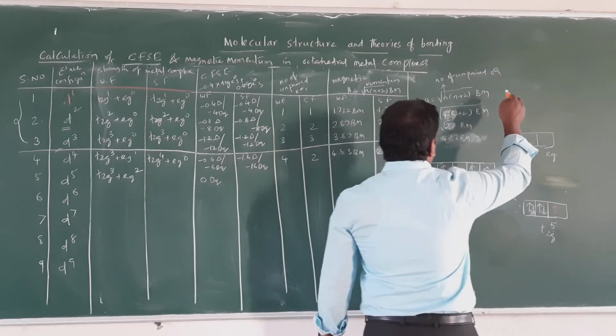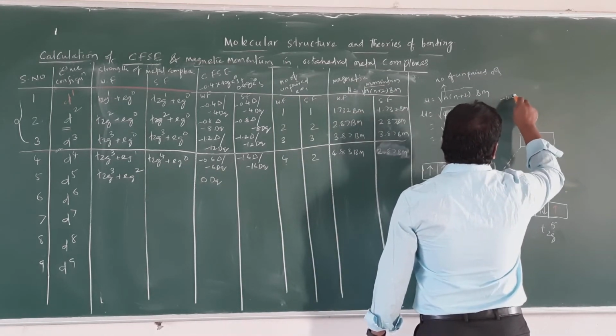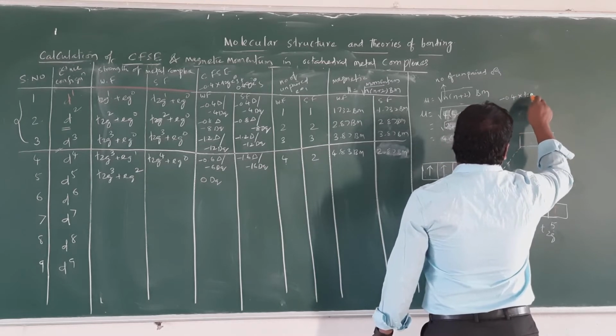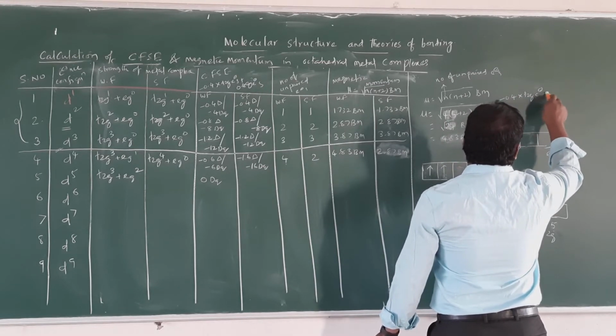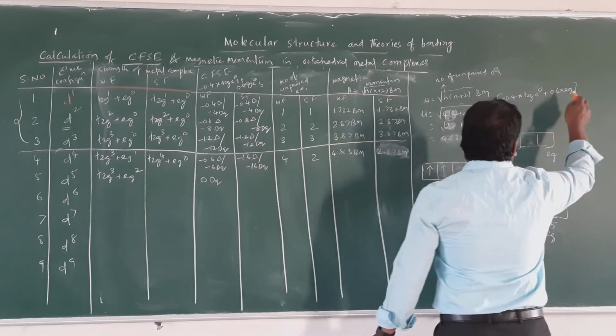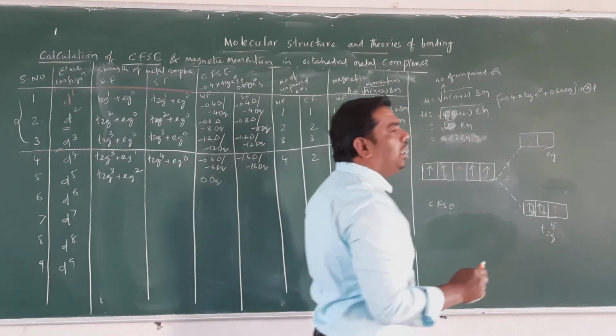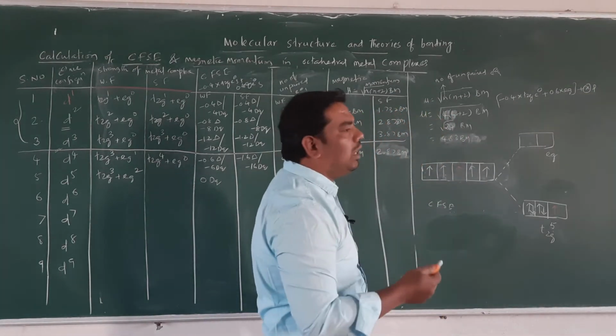So in the previous formula I mentioned, CFSE means 0.4 into t2g electrons plus 0.6 into eg electrons plus x into P. Here x means the number of pairs.